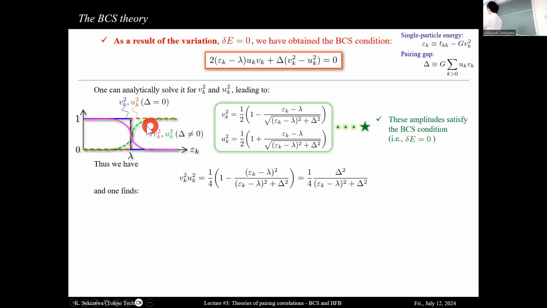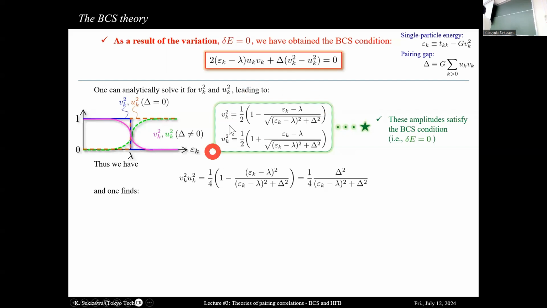The pairing interactions are active for the states around the Fermi level, and some part of the occupied states are excited up to the states which were initially unoccupied without the pairing correlations.